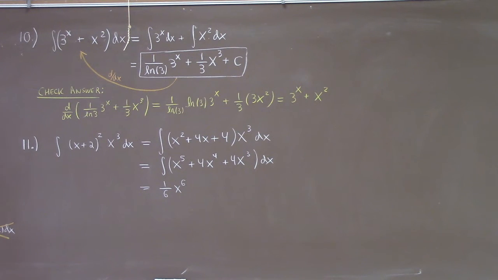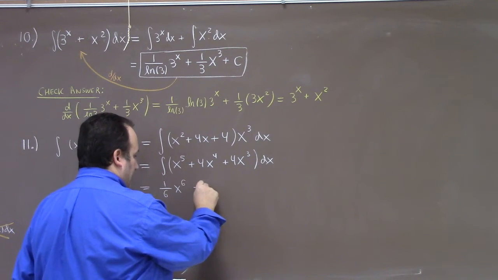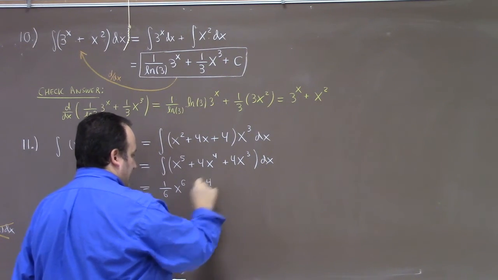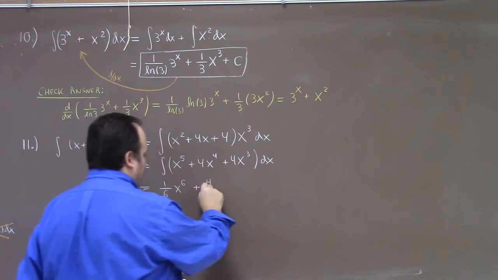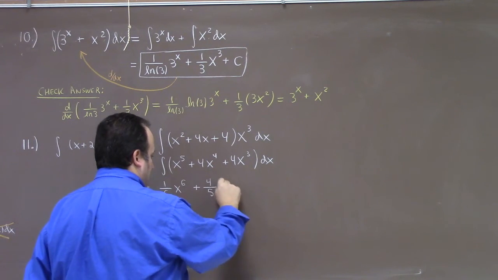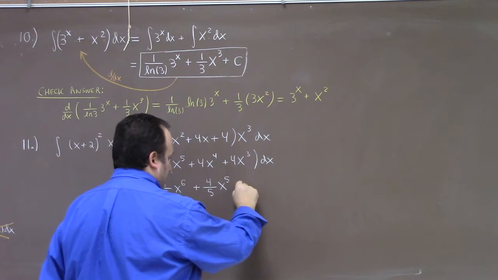So 1/6 x to the 6th, plus, the 4 we pull out, and x to the 4th integrates how? x to the 5 over 5. So I get 4/5. Add 1 and divide by that number. And then what do we got?